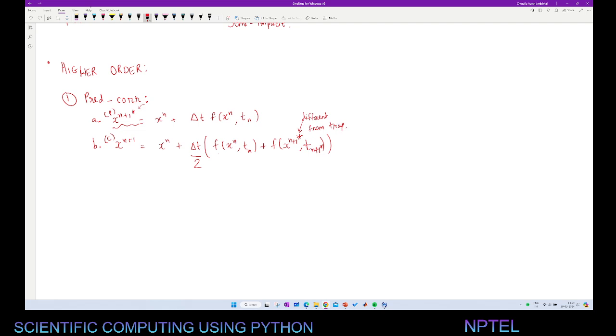And then the second method was Runge-Kutta. Runge-Kutta 2, which means second order, which was again, first you say that x_{n+1} is x_n plus delta t times f of x_{n+1/2} star, t_{n+1/2}.